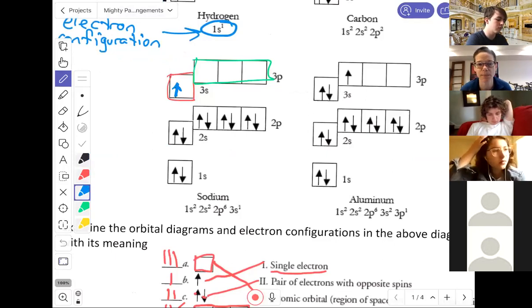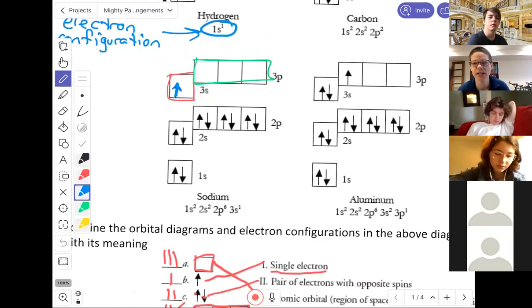Where did the electron end up occupying? It ended up occupying the s.